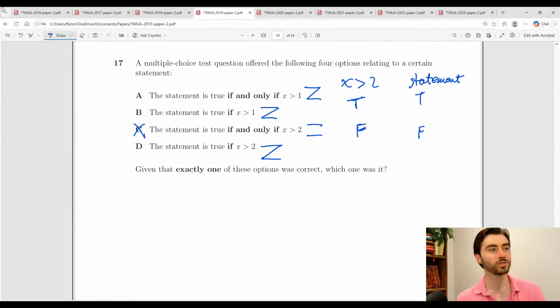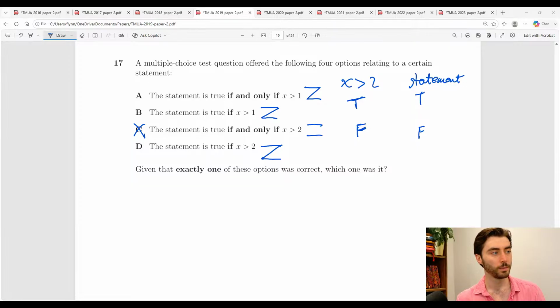Is that right? I always trip up on this question. This is where we're getting into the really hard stuff now. Okay, so B includes D. If it's true when x equals 1, well, that includes all of x bigger than 2.